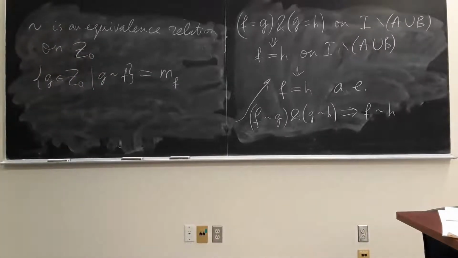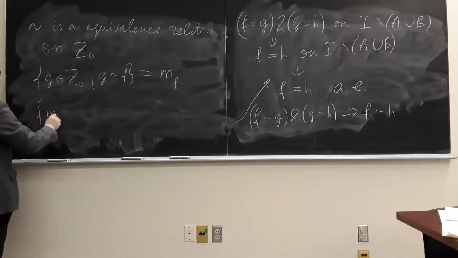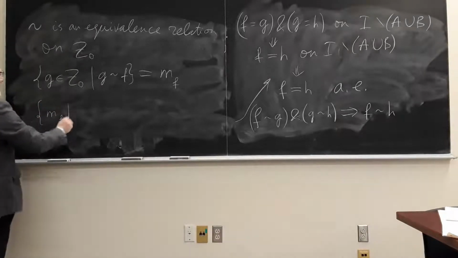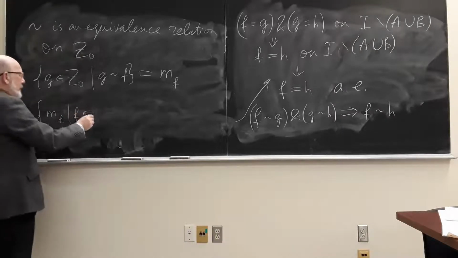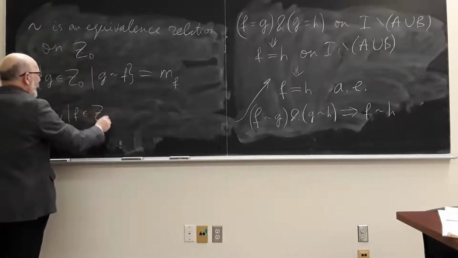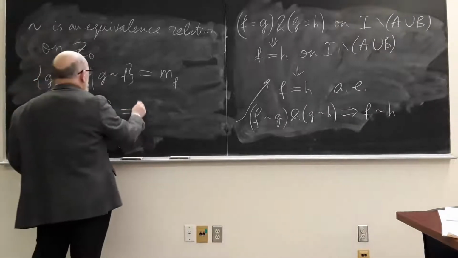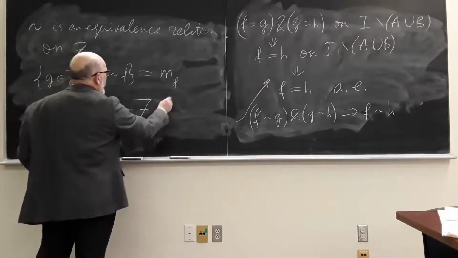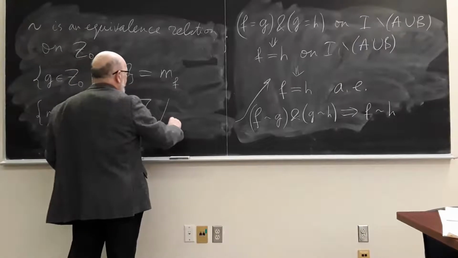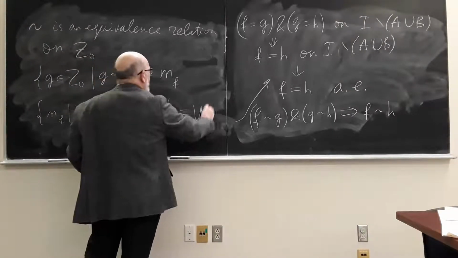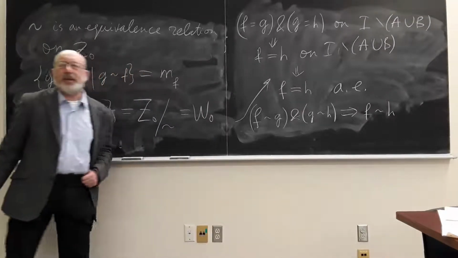So it is the equivalence class containing F. And the set of all these equivalence classes can be denoted by Z0 factorized by this relation, or let me denote it by Y0.